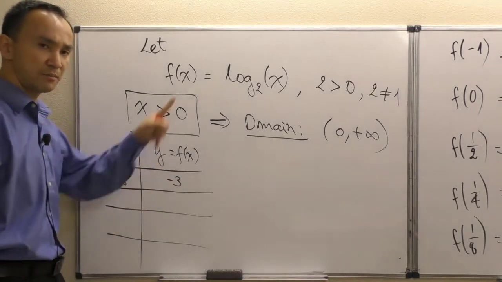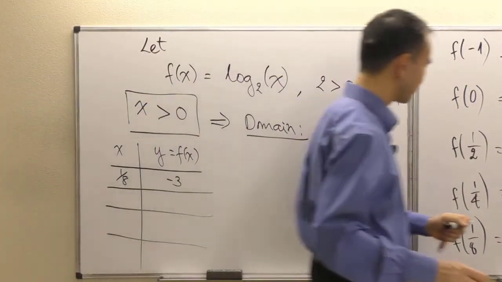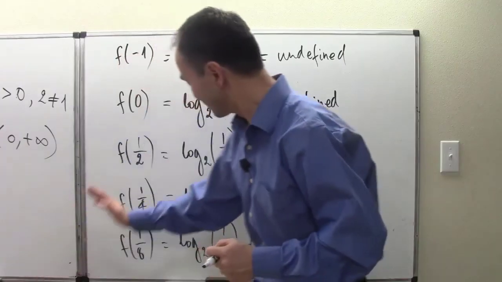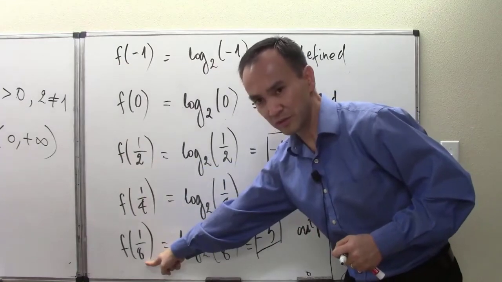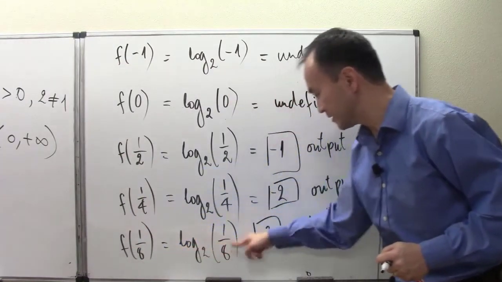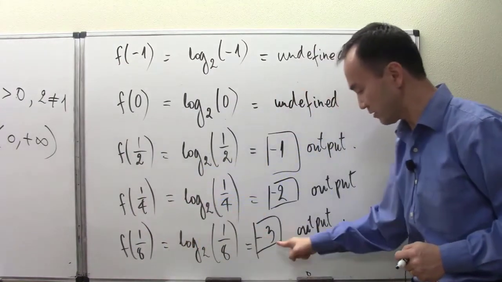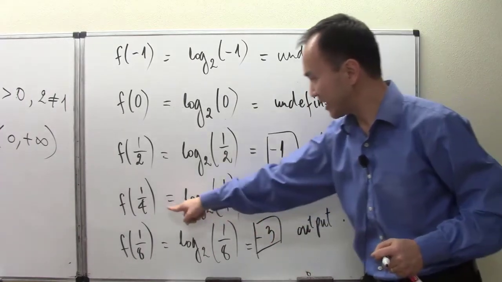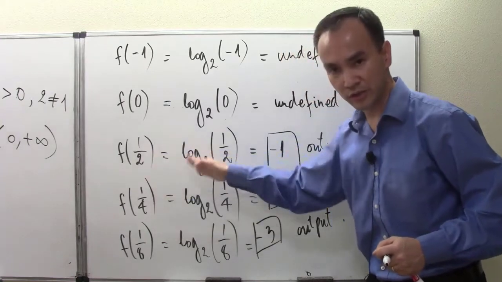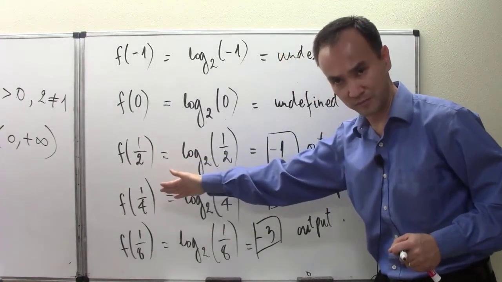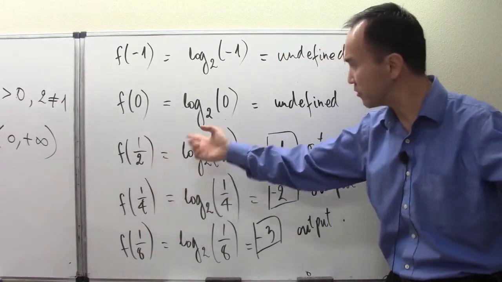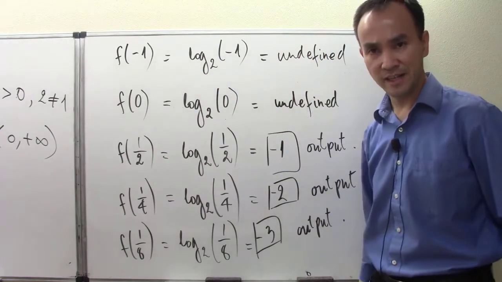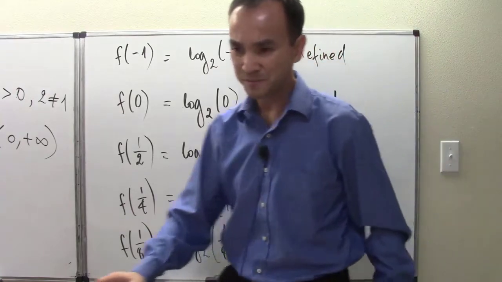When the input is 1/8, f of 1/8, going through that calculation, gives -3 as the output. That's just a brief reminder of those small or low values, but still positive. They're all positive values. See? The negative or 0 inputs already gave an undefined output.